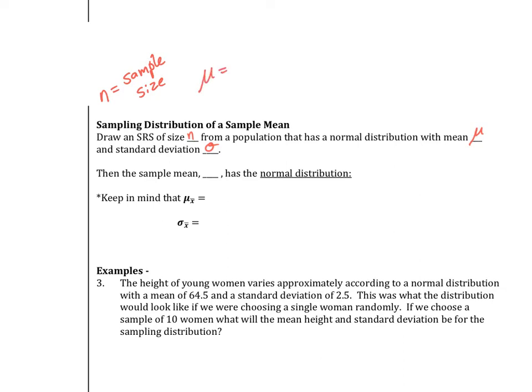U is the mean of the population. X bar is the mean of the sample.